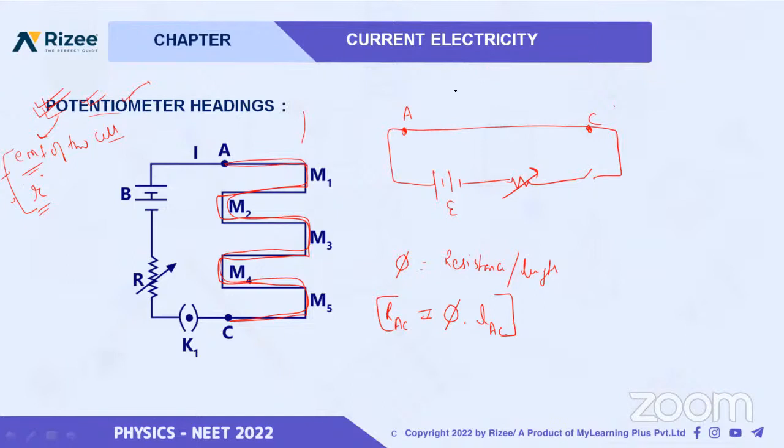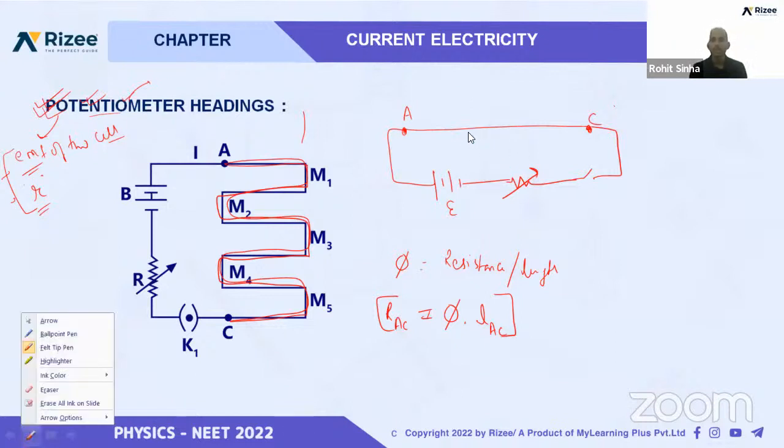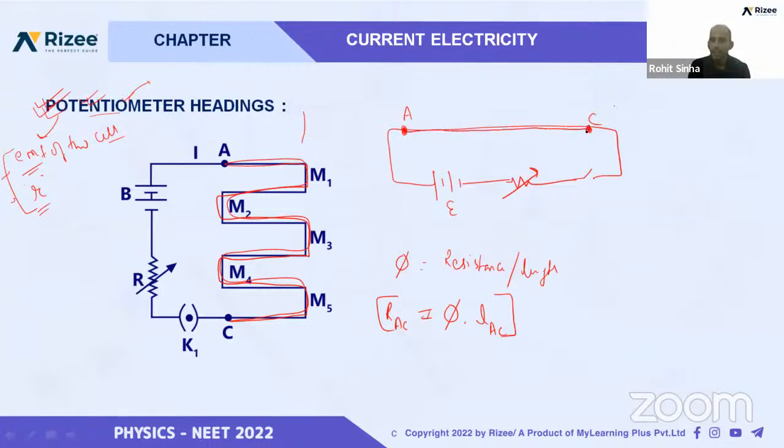I will explain it once more. No problem. What is a potentiometer? A potentiometer is a device which has one long wire, not a meter wire of 1 meter only. Let us suppose it as AC. It has some standard EMF, its own cell, one rheostat and one key.